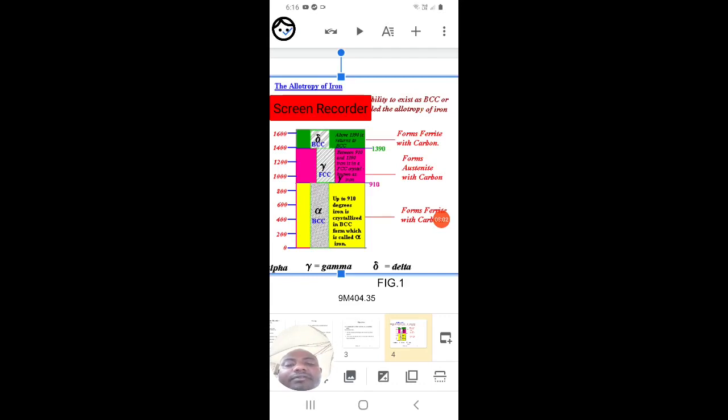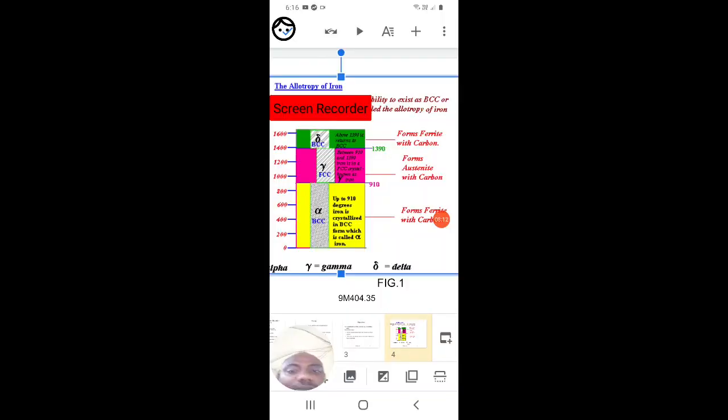It is the softest material in steel. Between 910 and 1390 degrees centigrade, iron has an FCC structure and with carbon is known as austenite. Austenite is a stable form of iron, gamma iron. So delta iron will form ferrite.